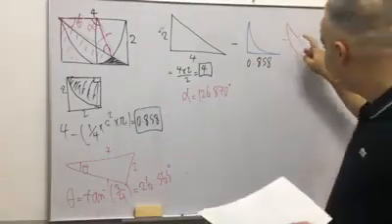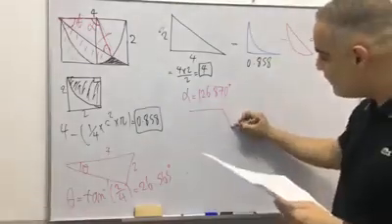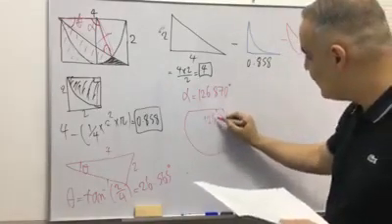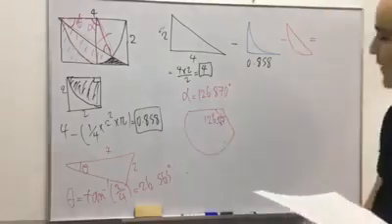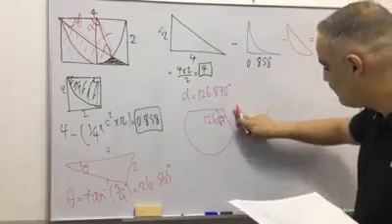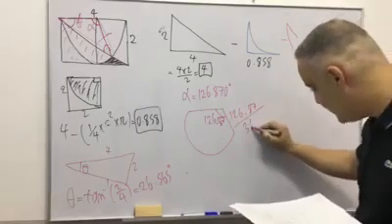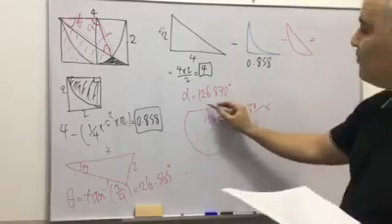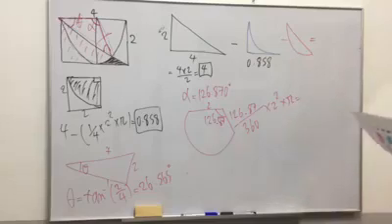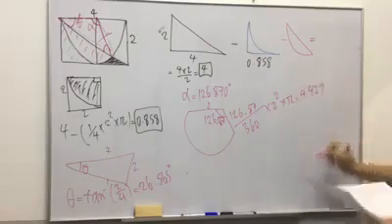Now, we want to find this area. So I've got a sector with this angle 126.87. So the area of that is 126.87 out of 360 of a circle with radius 2, times pi, which is 4.429.